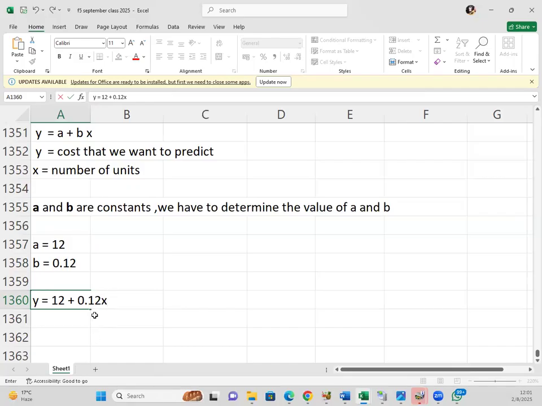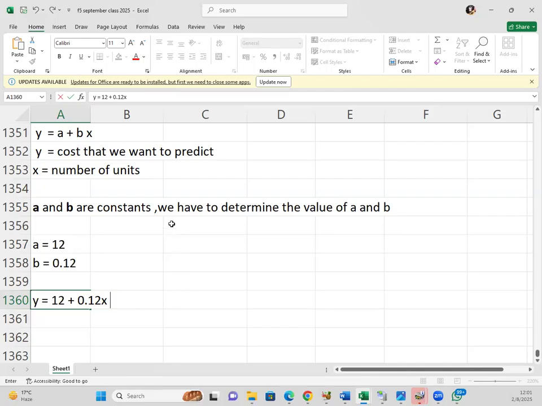So we then use this equation to predict the future costs, because remember x is the number of units. So you just change where we have x and put the number of units. We want to predict, let's say, the cost for 100 units. You just substitute for x, you put 100.